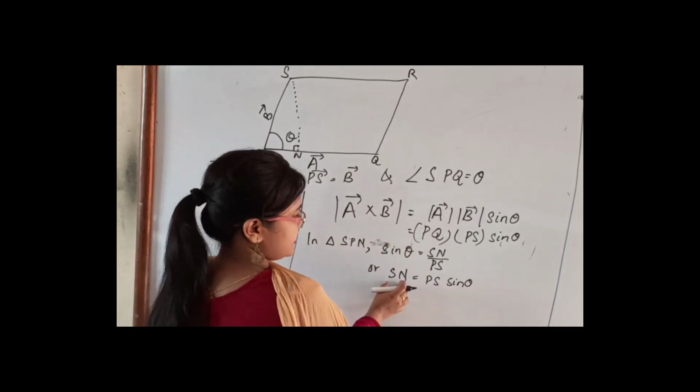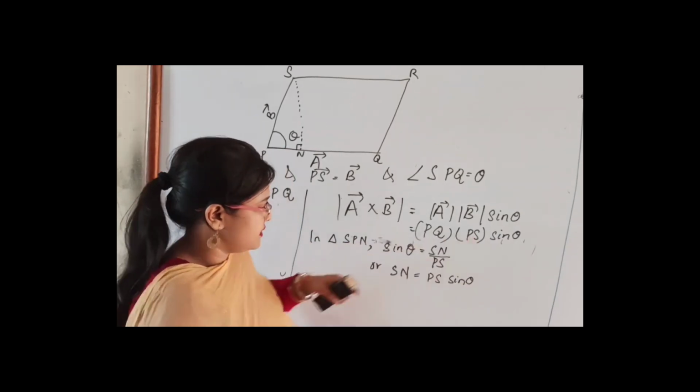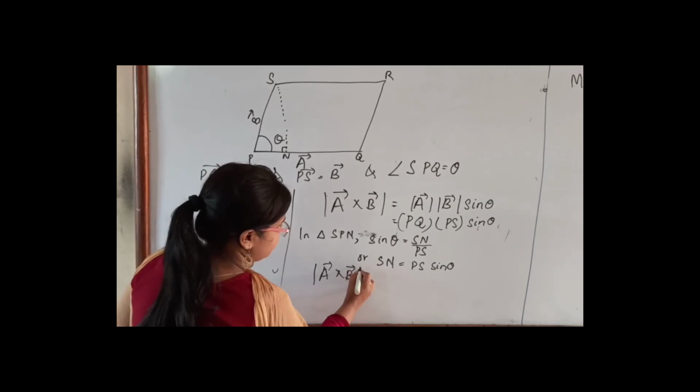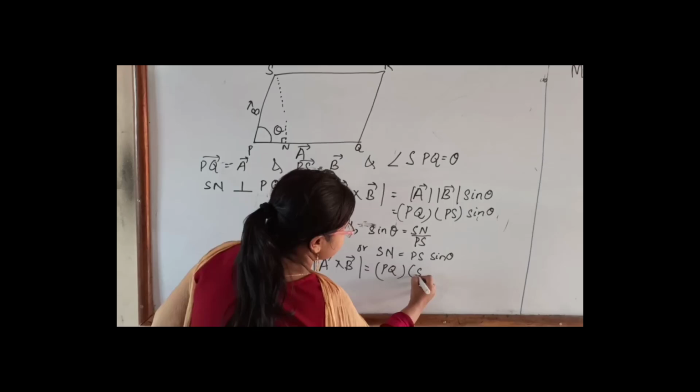Clear? We can write SN equals PS sine theta. Substituting the value of PS sine theta in this, we get A cross B as PQ into SN.